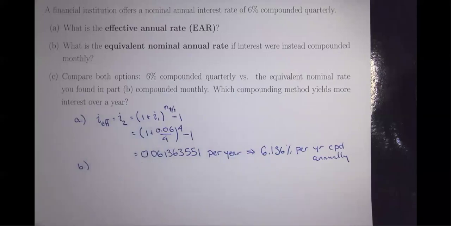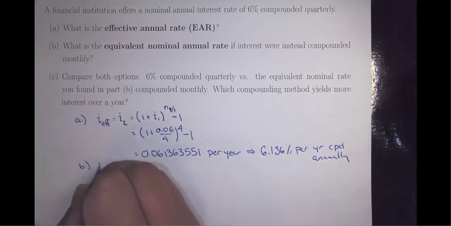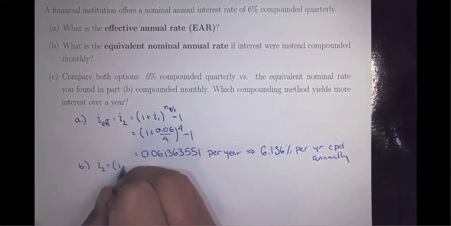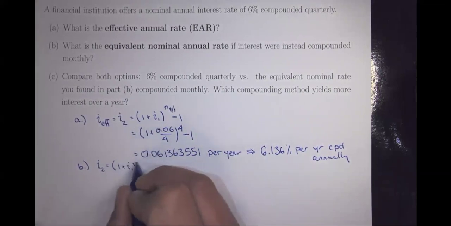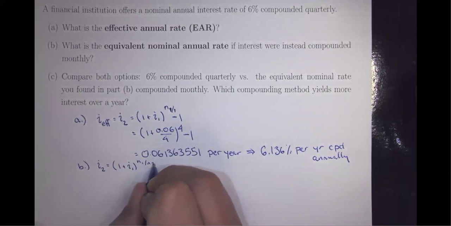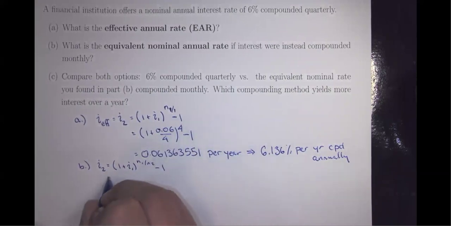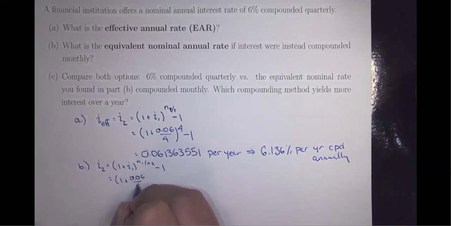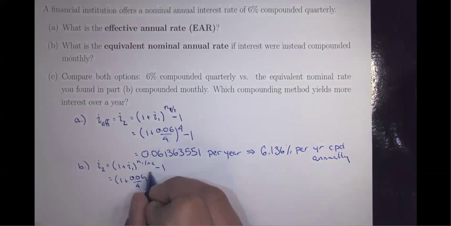So we're looking now in part B for an equivalent rate where it's compounded monthly. So here we're looking for an I2, but monthly. So 1 plus I1 to the N1 over N2 minus 1. In this case, we've got 1 plus 0.06 over 4 to the power of 4 over 12.